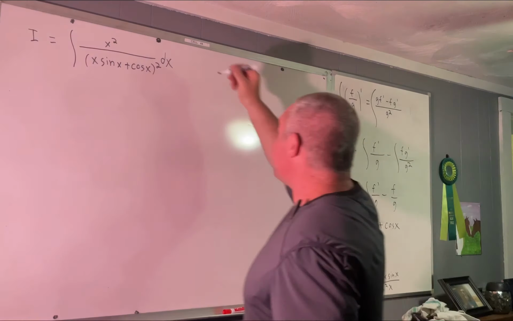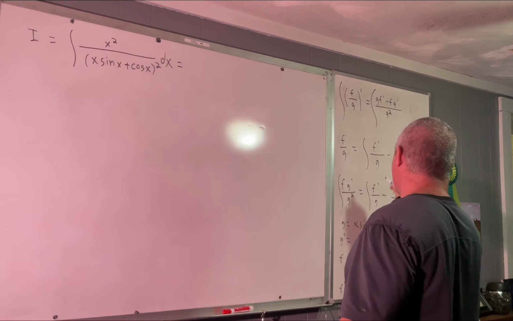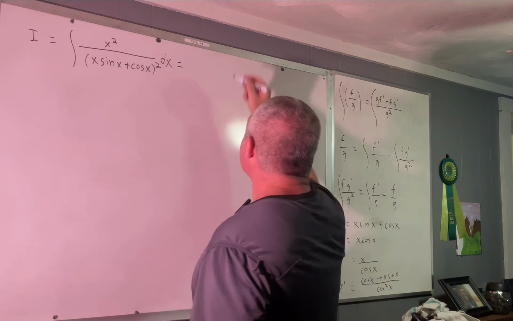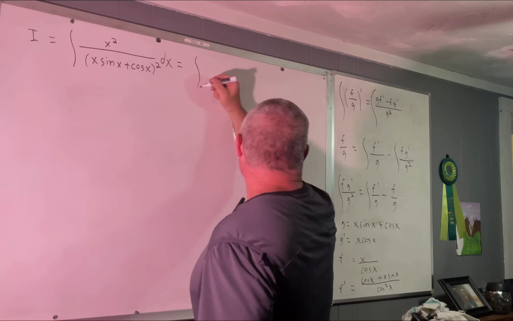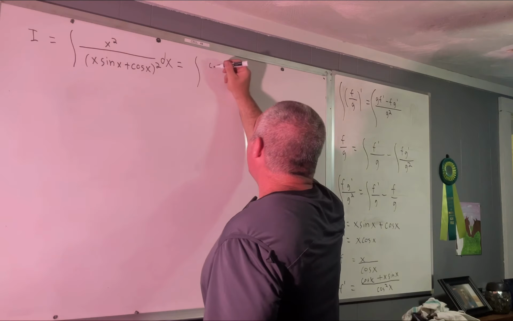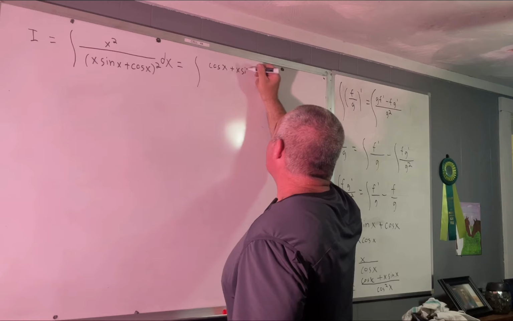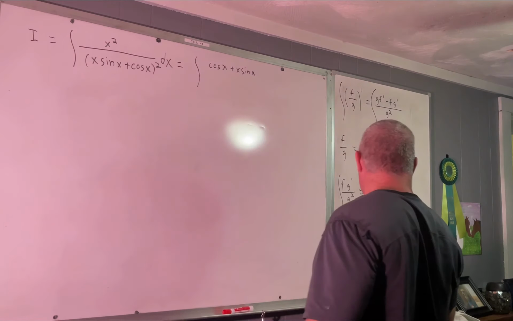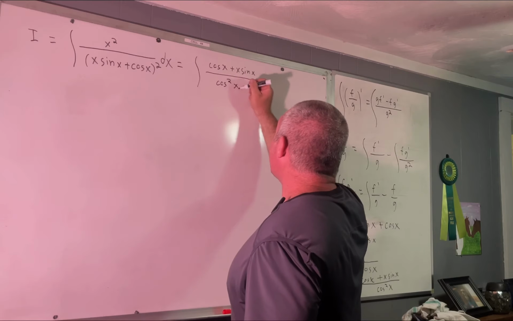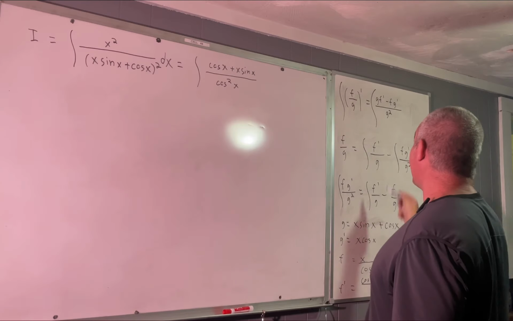So let's just set this equal to the integral of f prime over g minus f over g. So this is going to be equal to the indefinite integral of our f prime, which is (cosine x plus x sine x) over cosine squared x, and we're looking for f prime over g.